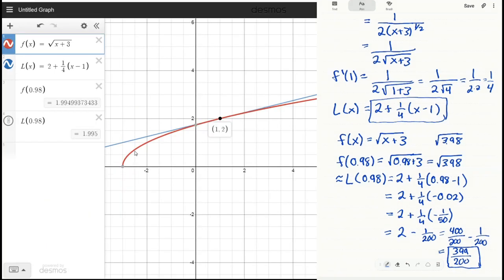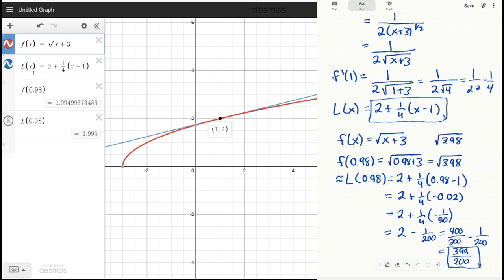So here's the graph of the function root of x plus 3 and its linearization, which is the tangent line at the point 1, 2. So the exact value of root 3.98 is given as this decimal expansion here. So here's the exact value of the function at 0.98.